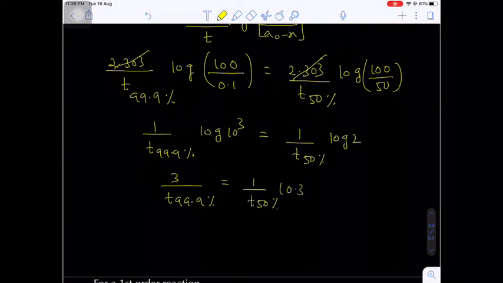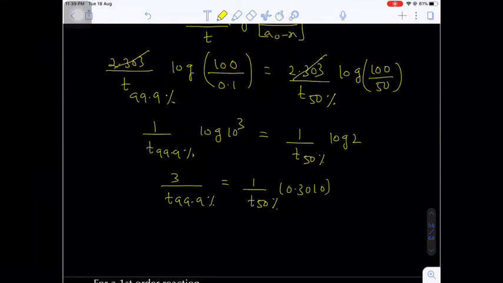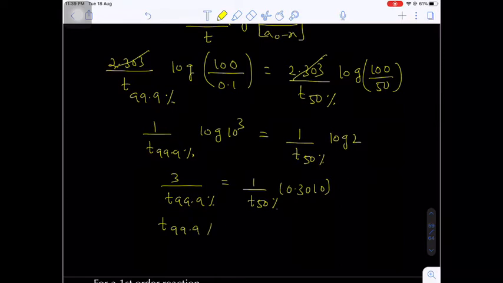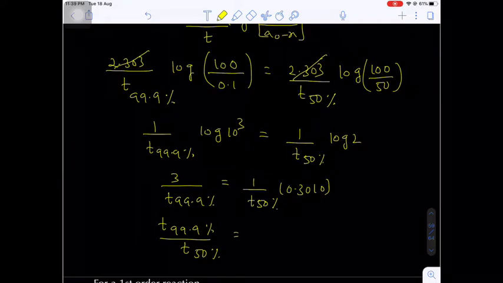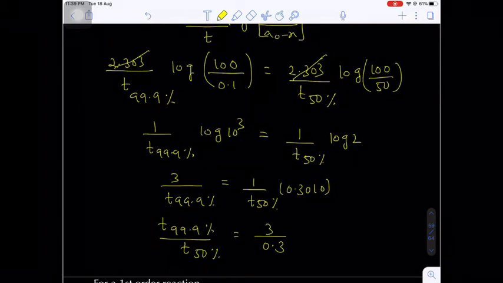What is the log 2 value? 0.3010. Okay. Now if you see log T 99.9% divided by T 50% will be equal to 3 by, roughly I am taking 0.3, which is nothing but 10.